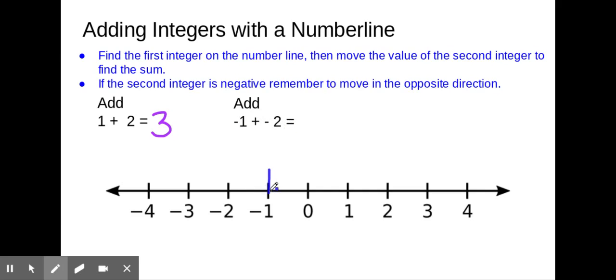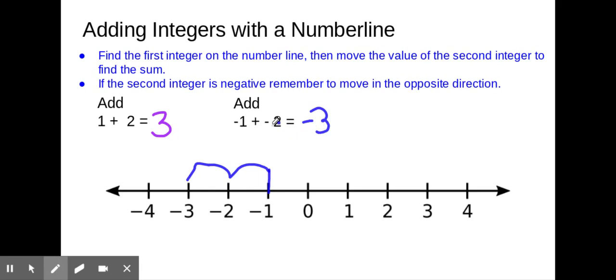So I know when I add, I generally move to the right. But when it says negative 2, it's telling me to do the opposite. So I have negative 1. And the opposite of moving to the right is moving to the left. So I'm going to move to the left 2 places. 1, 2. So my answer is negative 3.